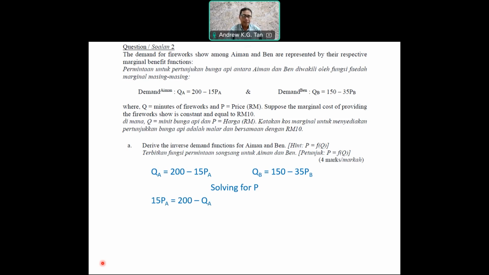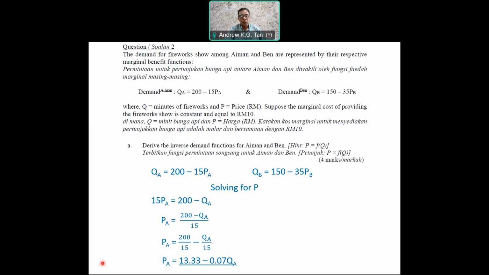Then solving for PA, you divide both sides by 15, we get PA is equal to 200 minus QA divided by 15, or 200 over 15 minus QA over 15. Further simplifying this, we get 200 over 15 is 13.33 minus 1 over 15 is 0.07 QA.